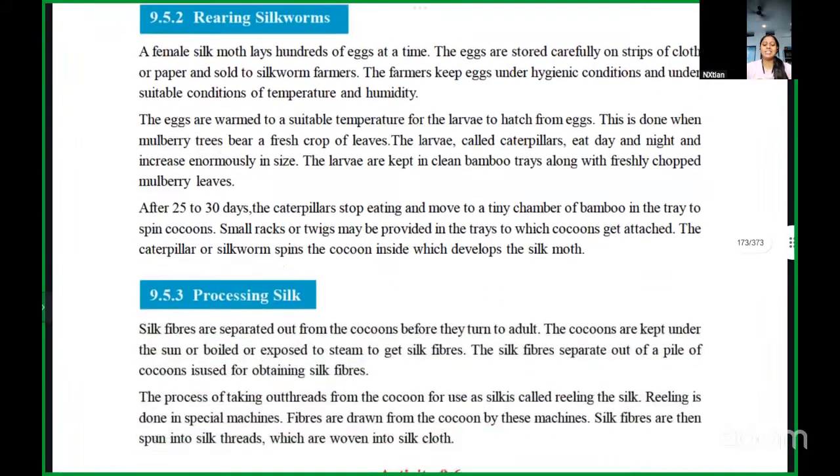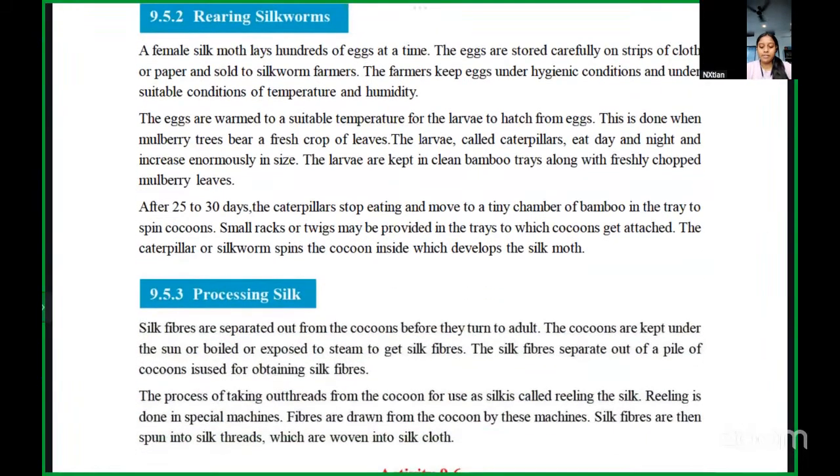Now, during silkworm, we will see how silk is obtained from the silkworms, and then we will see how we process these threads into silk fibers, into silk fabrics. Now we know that a female silk moth lays hundreds of eggs at a time. The eggs are stored carefully on strips of cloth or paper and sold to silkworm farmers.